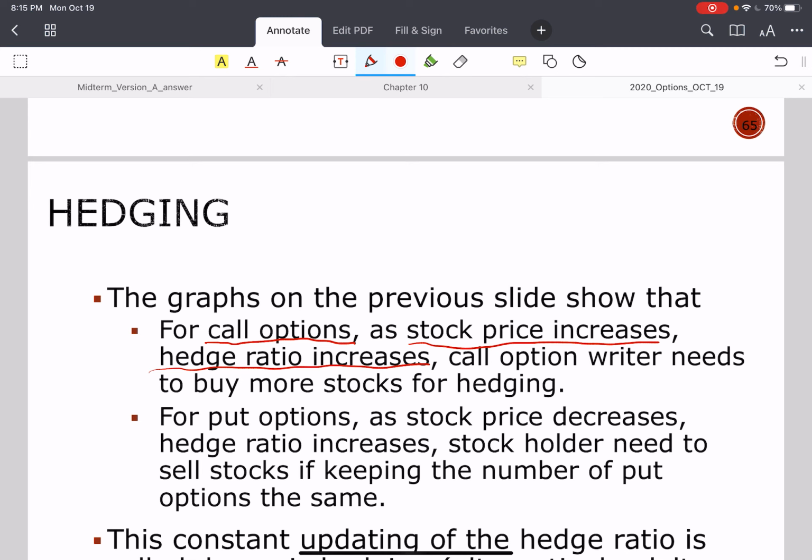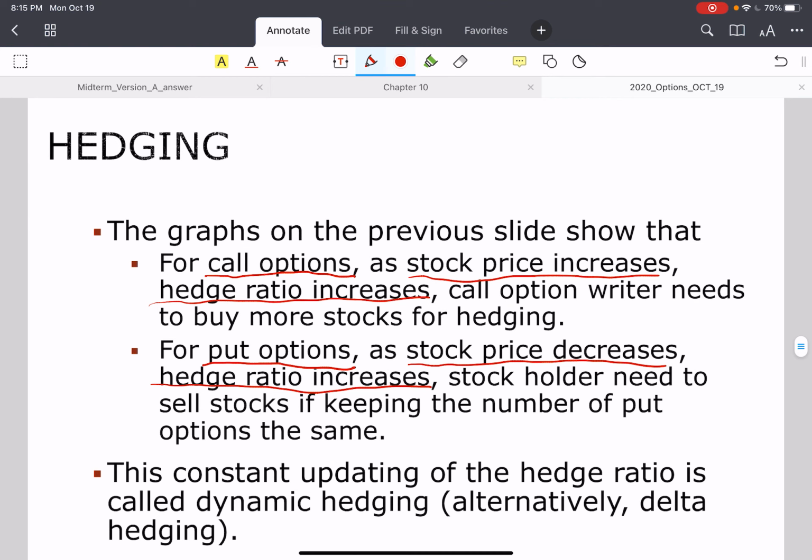And then what about the put option? Well, we have shown for put options, if stock price decreases, the hedge ratio would increase. This basically means that if you don't change the number of put options in your portfolio, and you want to continue to hedge your portfolio, you will have to sell some shares.